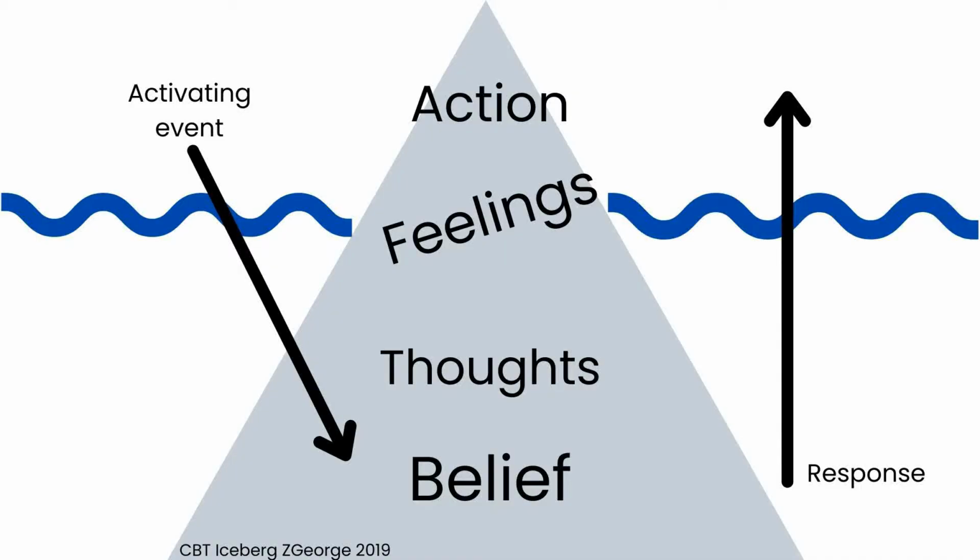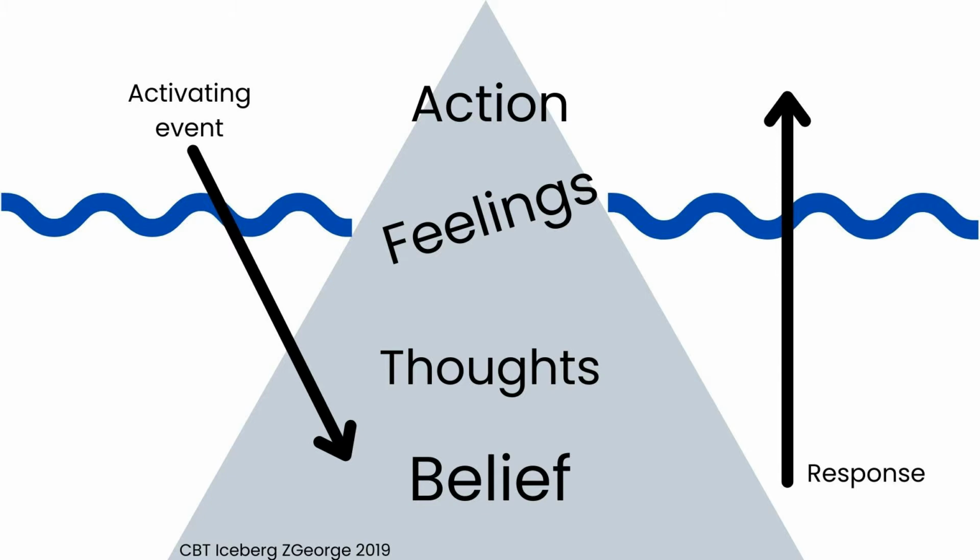So the first thing that you'll see on the CBT pyramid there at the bottom is belief. Moving up from belief, we have thought, then we have feelings, and at the top of the iceberg, we have actions or behaviors.